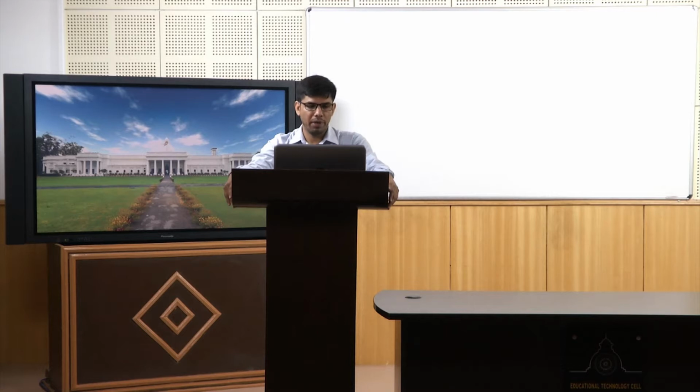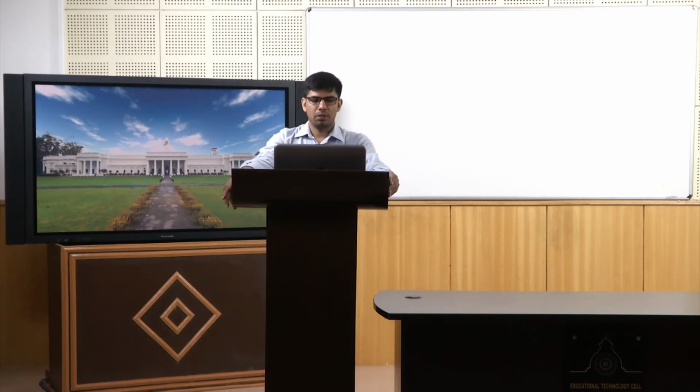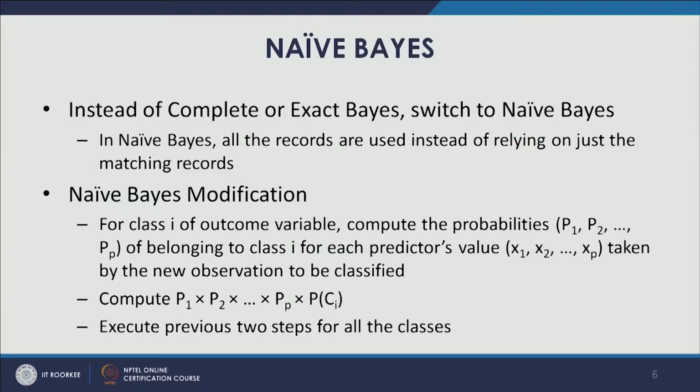incorporate in naive Bayes. So, let us talk about the modification that we perform on complete or exact Bayes to convert it into a naive Bayes scenario. So, let us discuss the naive Bayes modification. For example, if there are m classes of outcome variable, then let us take a particular class, for example, class i of outcome variable.